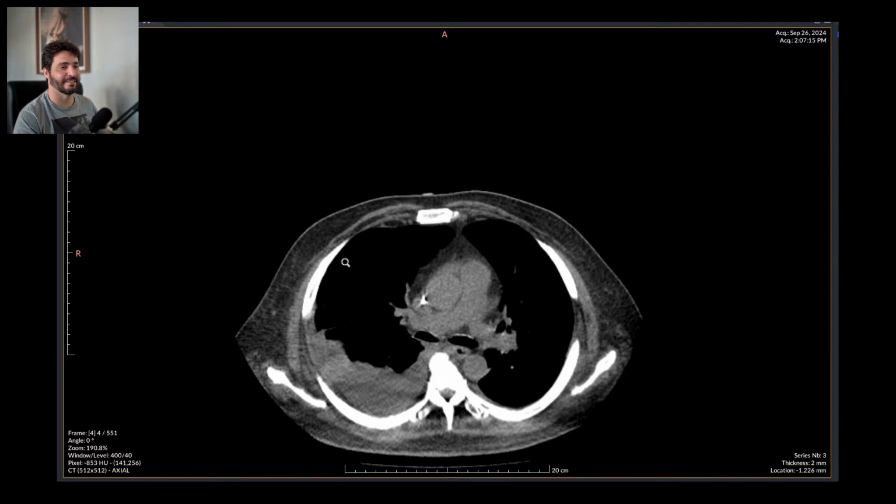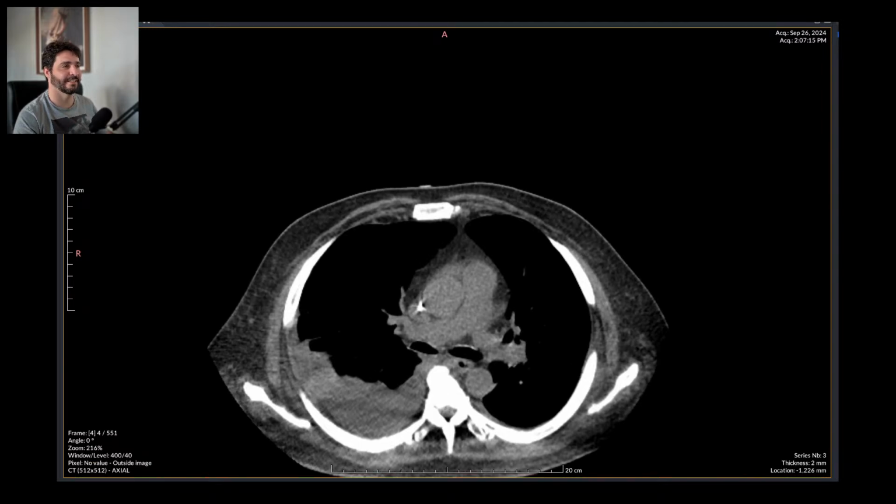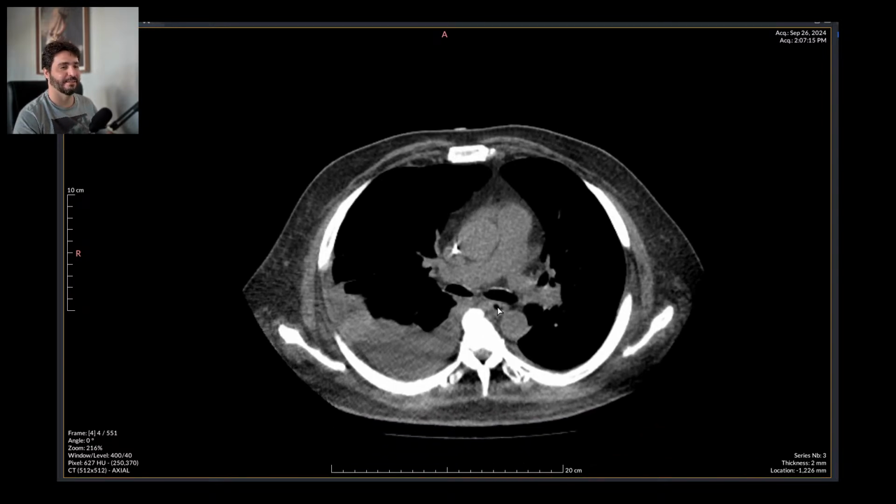I'm just going to grab. ER is fun. Let's just load the images right there. So we have some lung disease, pleural disease right there on the right.